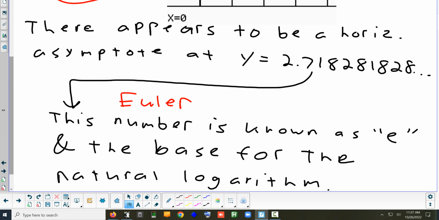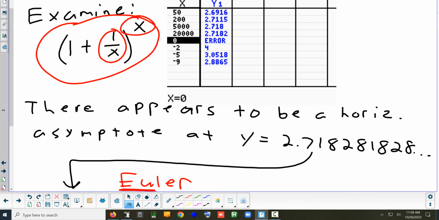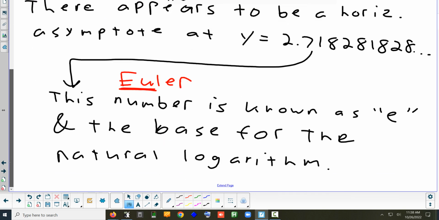He's German, so in German, EU, you say it like Oi. So Euler, that was his name. I don't know why he got it named after him, but he must have done something with it. So e is a number we'll talk about more when we do logarithms. It's an interesting thing related to having variables in the exponents, which is what we're doing today. And that's all I'm going to say about that.